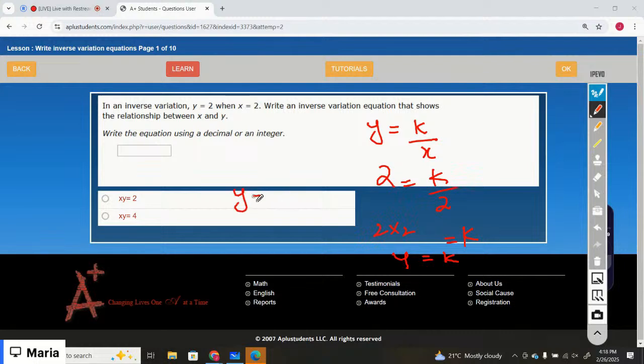So the equation is y equals k divided by x. We have the value of k, that is 4. So xy equals 4.